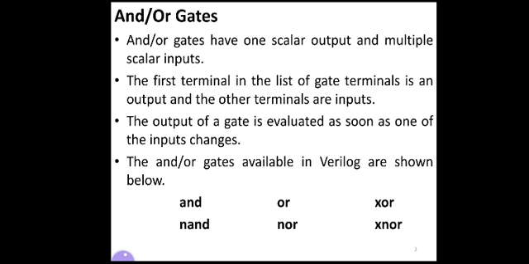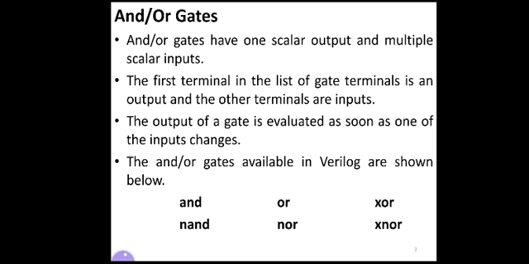We are going to see this with two-input gates. The first terminal in the list of gate terminals is an output and the other terminals are inputs. Remember, this is very important: the first terminal in the list of gate terminals for gate level programming is always the output, followed by the inputs.